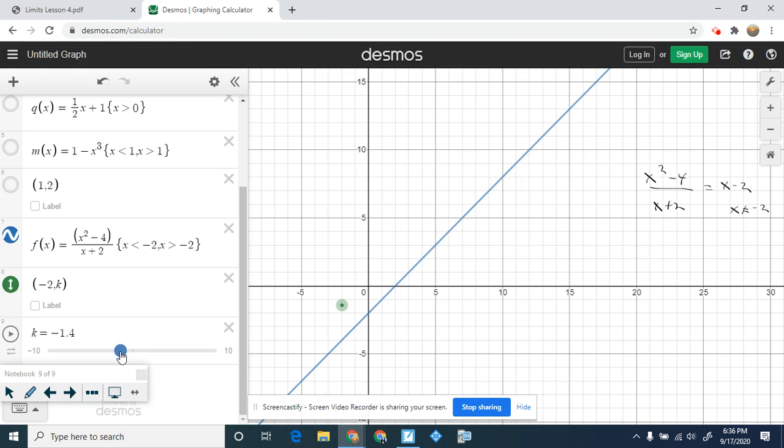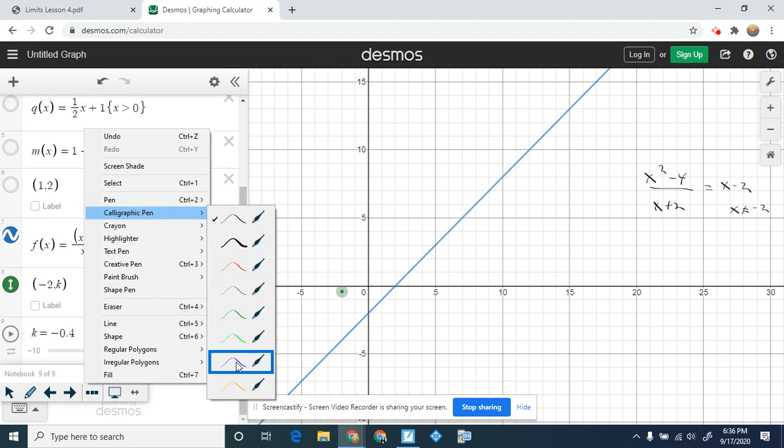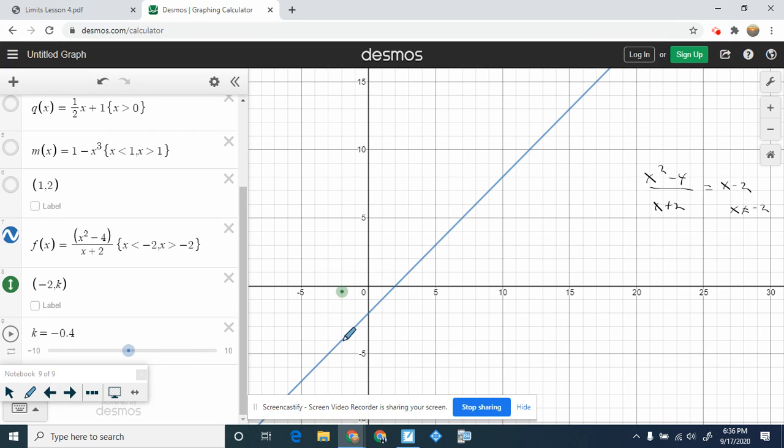So if I go back here, think about what we're doing. Let me just sketch in that hole so I don't have to play the game of holding the button down. If I sketch in the hole that belongs here, at negative 2, there's supposed to be a hole right there, and that's the y value of negative 4. So now there's a hole there.